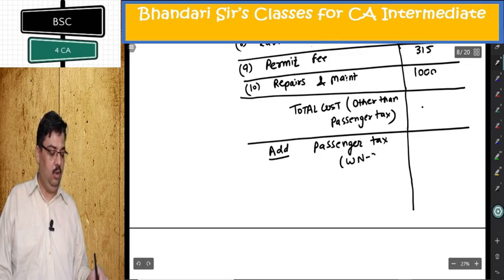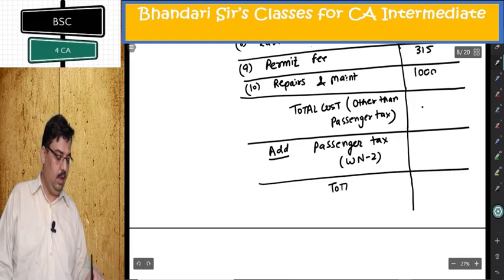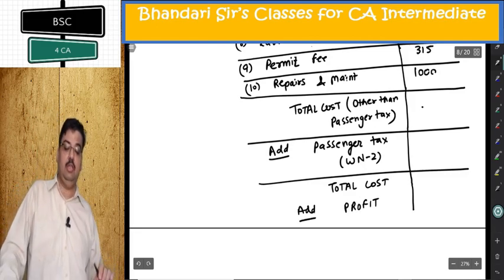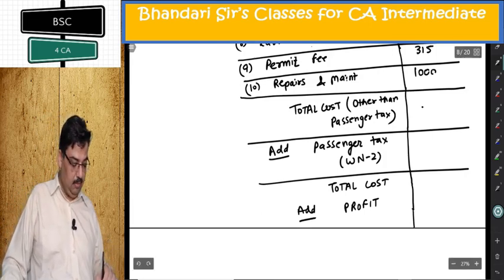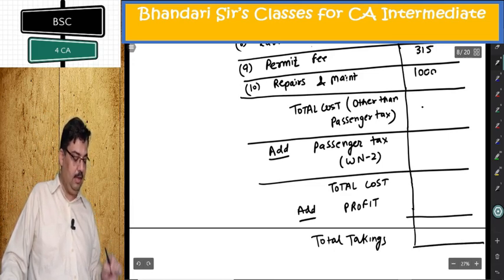Refer working note 2. I get total cost. Add profit. Profit percentage is given 30% on total takings, will come later on. What I get? Total takings. So this will solve later on.